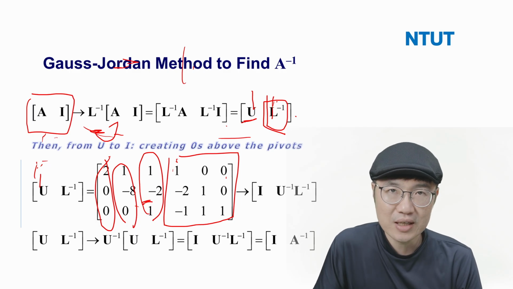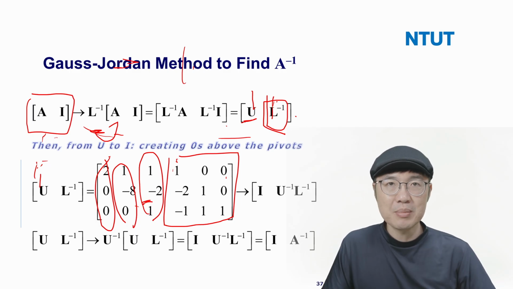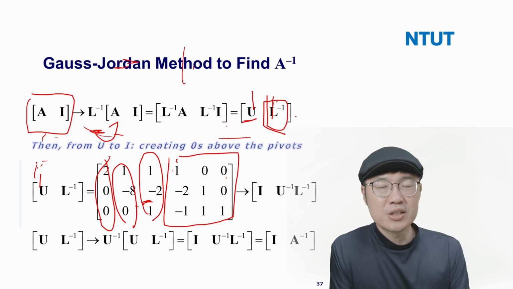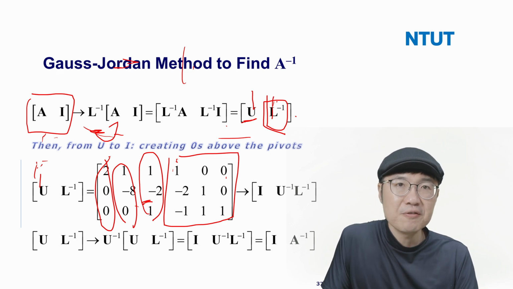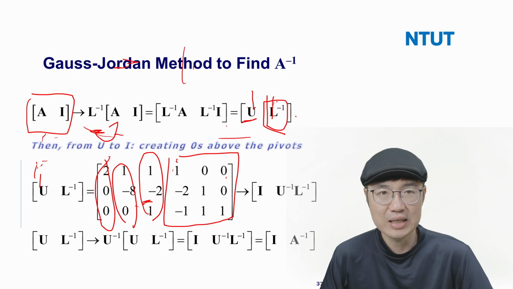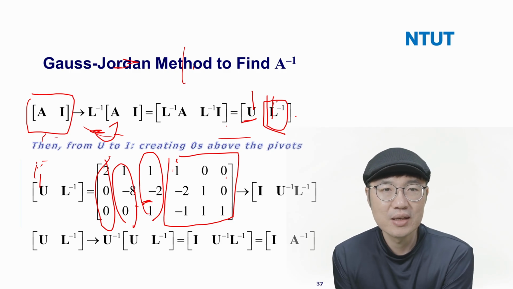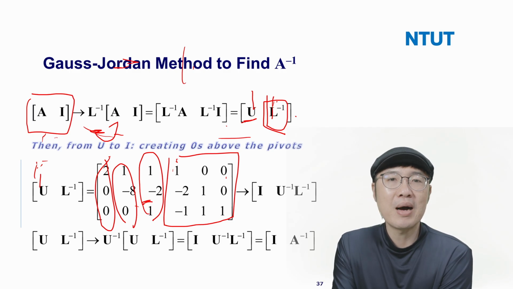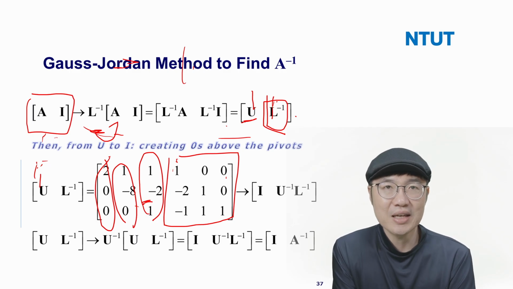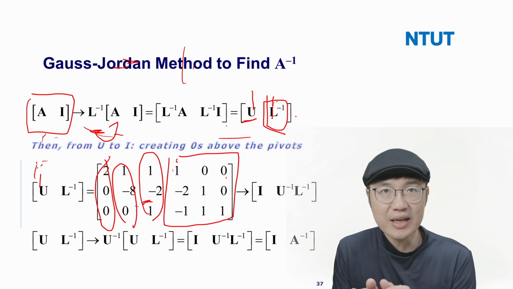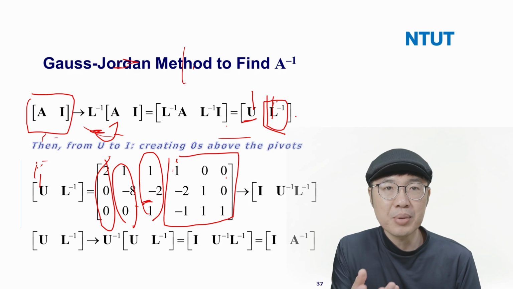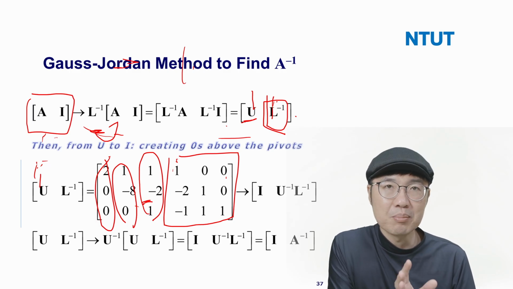L inverse is extracted because L inverse makes A into U. So if we would like to find L inverse directly, what can be done? It can be done by an augmented matrix, A and I together. And when you perform standard Gaussian elimination, the L inverse will appear in that augmented part.